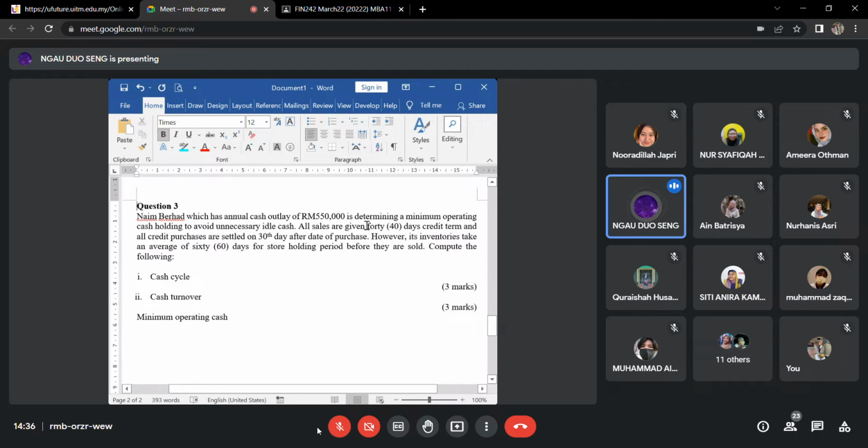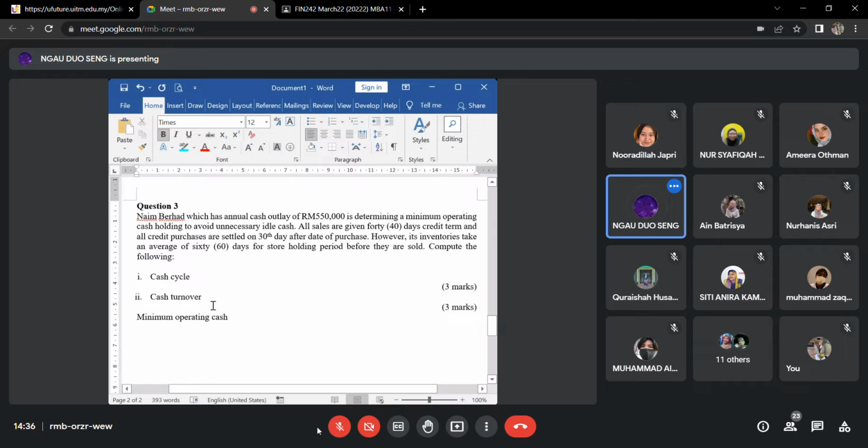All sales are given 40 days credit term, and all credit purchases are settled 30 days after date of purchase. However, inventory takes an average of 60 days for store holding period before they are sold. Compute the following: cash cycle, cash turnover, minimum operating cash.